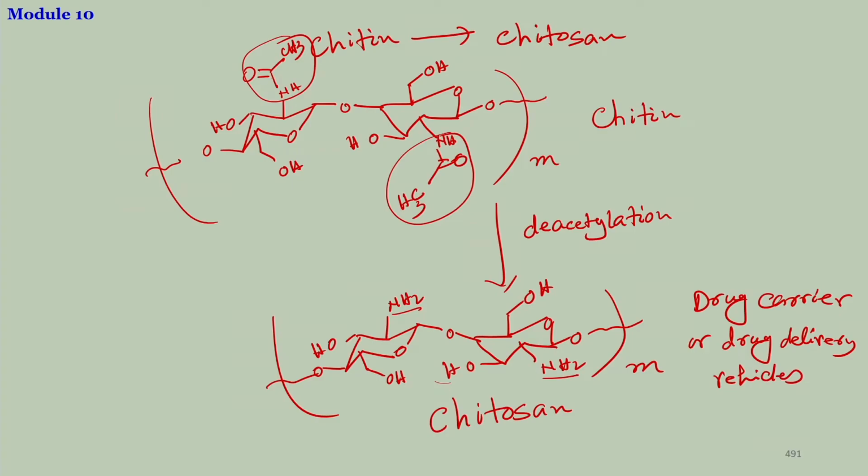You can entrap small molecules such as drugs into them, because drugs of course are foreign particles and the body or the cells do not allow them to penetrate into the cells. The cell penetration ability or the bioavailability of most of the drugs is very low. So, only a small amount of the drugs that you inject, inhale, or consume actually reaches the targets or reaches inside the cells.